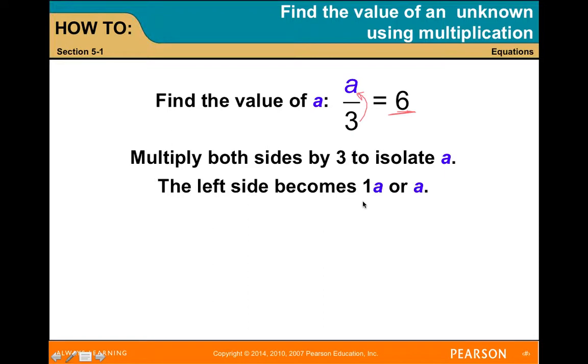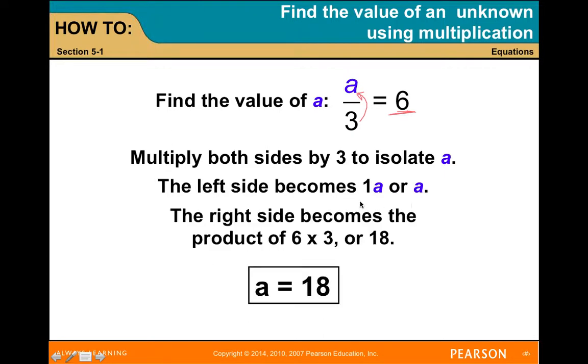The left side becomes 1a or a. The right side becomes the product of 6 times 3 or 18, right? So then that's another trick there. You already know 3 times 6 is 18, so then it also happens to fit for this one.